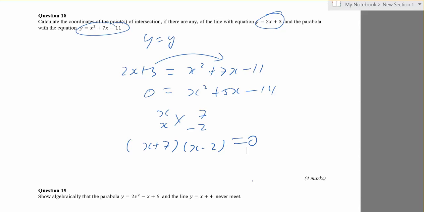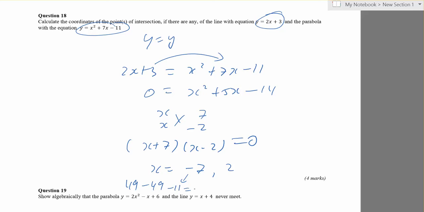And we've got x equals negative 7 and positive 2. Now that's just the x coordinate, okay? To get the y coordinate, you just sub in. So negative 7 squared, when we sub back into the y, we get 49 minus 7 sevens are 49 plus minus 49 minus 11.